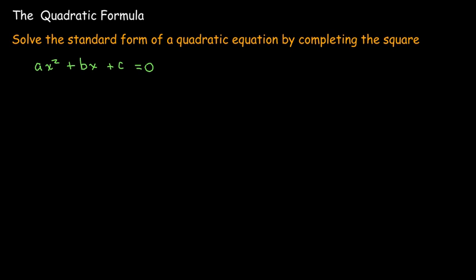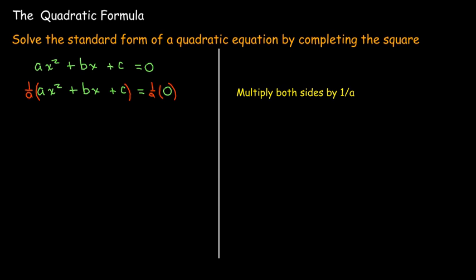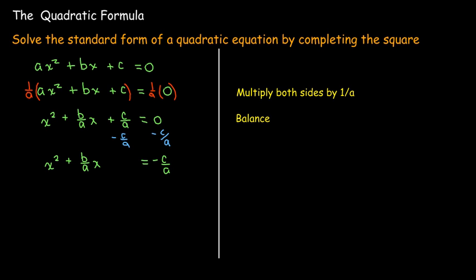So we'll start by multiplying both sides by 1 over a. And then I want to have the x terms on one side of the equation, the constant term, which is now c over a, on the other side of the equation. And now what do I need to do? I need to find the value of b and b squared.